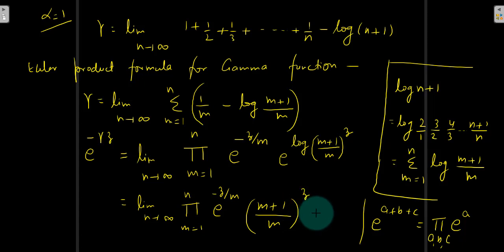Okay, so let us call it equation 1, e to the power minus gamma z.